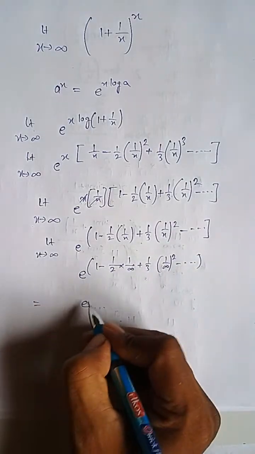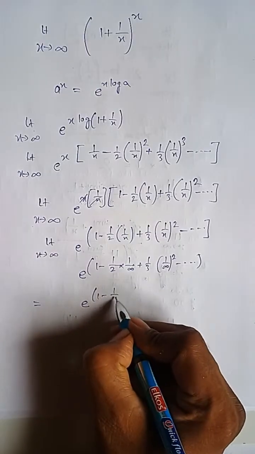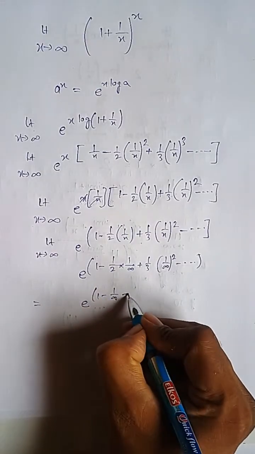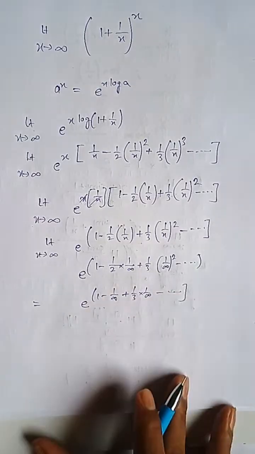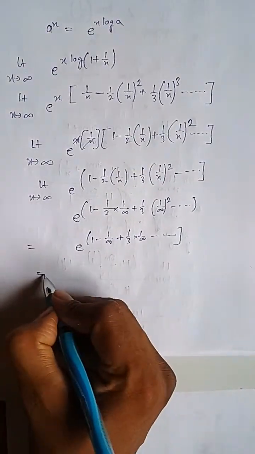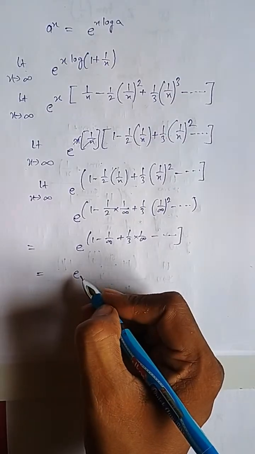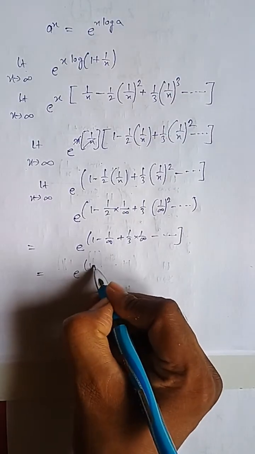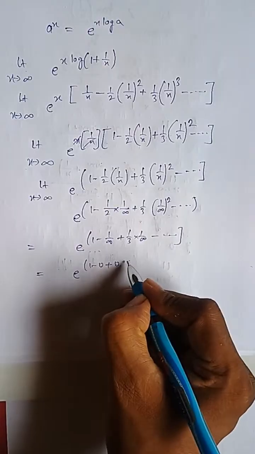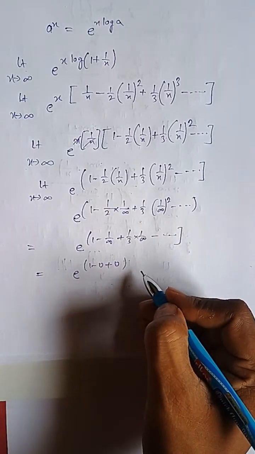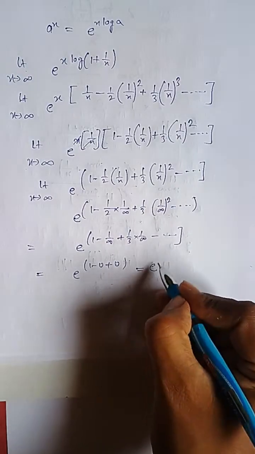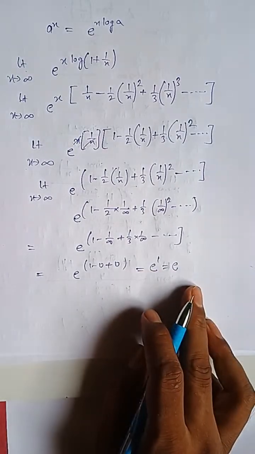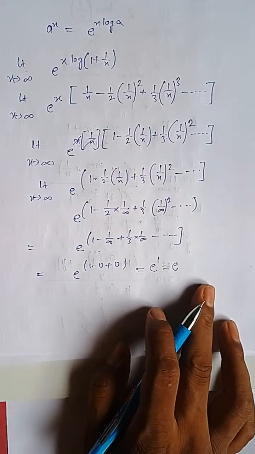So here it is 1 minus 1 by infinity plus 1 by 3, 1 by infinity, and so on. So we have e to the power 1 minus 0 plus 0 and so on. The answer is e to the power 1, that is e. This is the answer of this problem.